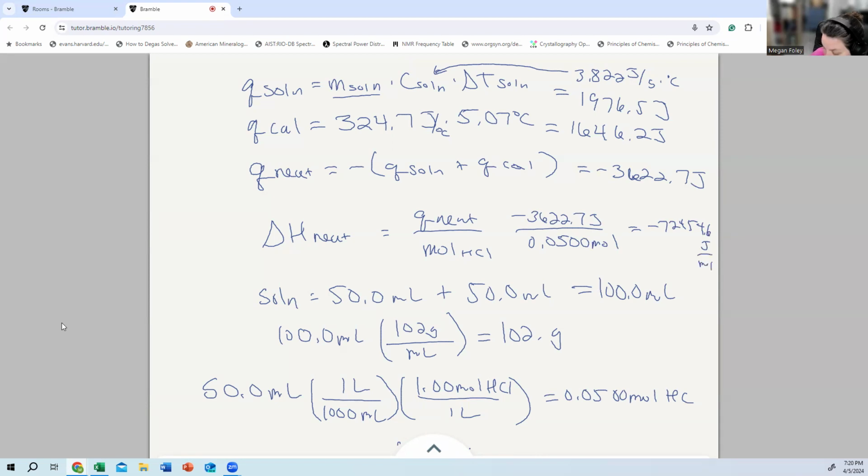And then dividing this by 1,000 to get it into kilojoules per mole, we get negative 72.5 kilojoules per mole for our enthalpy of neutralization.